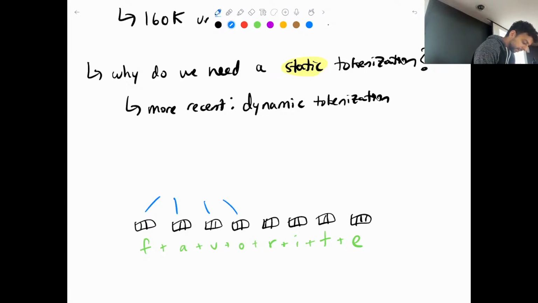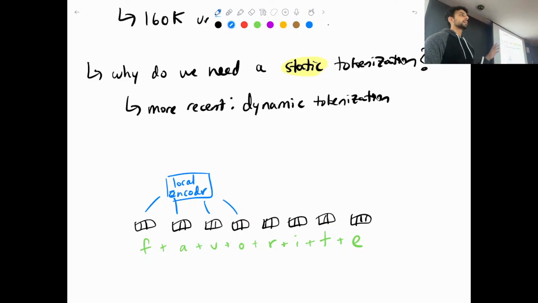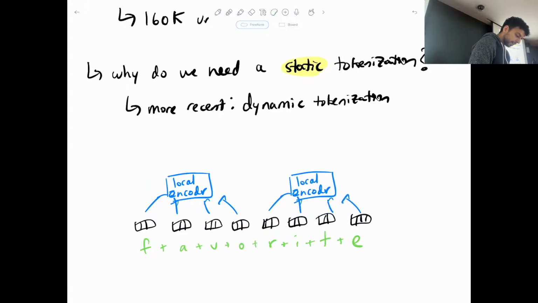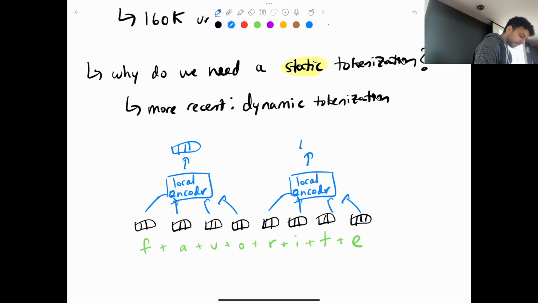There was a paper called Megabyte by Facebook, where they decided to take each non-overlapping segment of 4 bytes and pass it into this tiny local encoder. That's going to produce a single vector that I can then feed to my transformer.